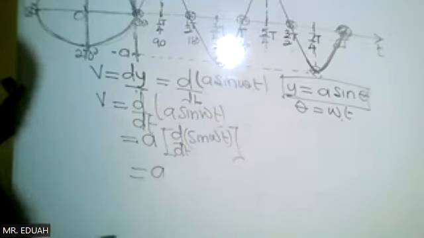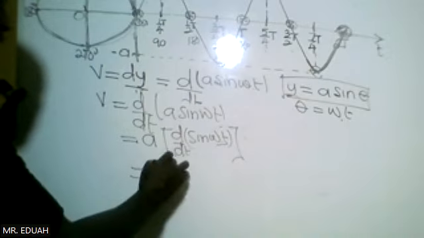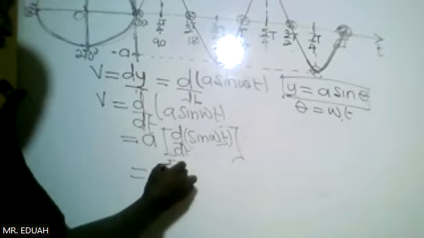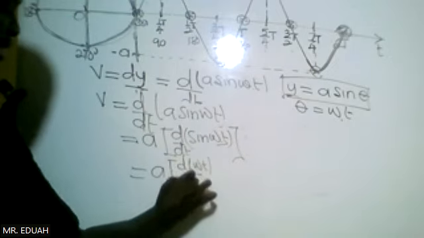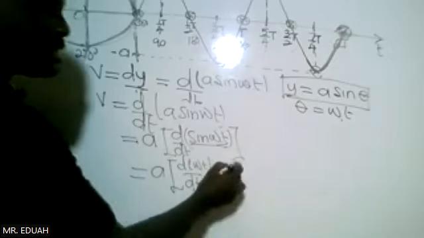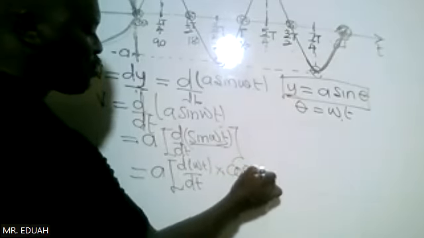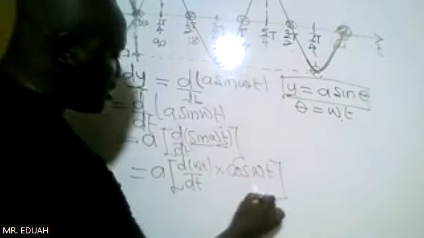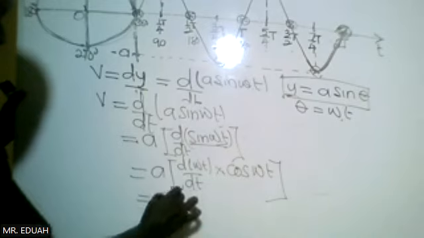Now, a out. This is also a function of a function. So we differentiate omega t, d(omega t)/dt, times, when you differentiate sine, it is equal to cos omega t. So you have a out.